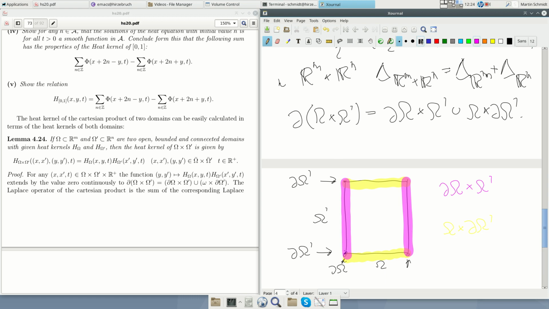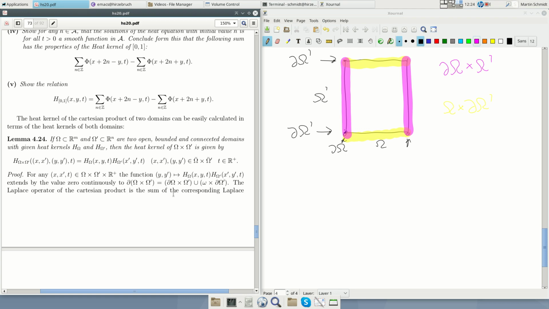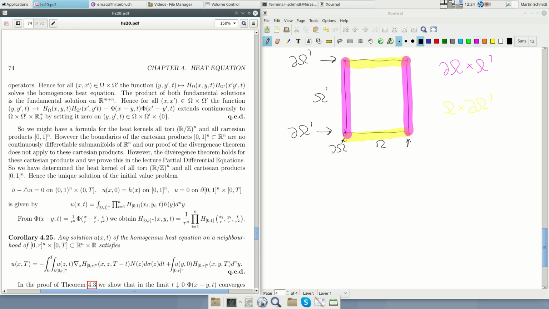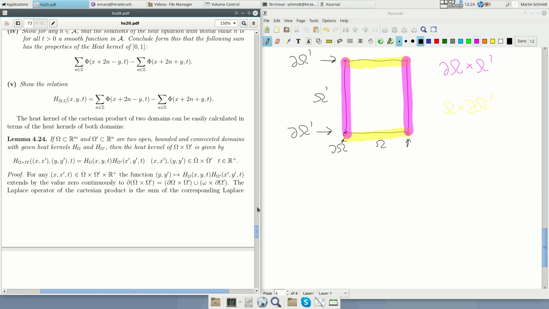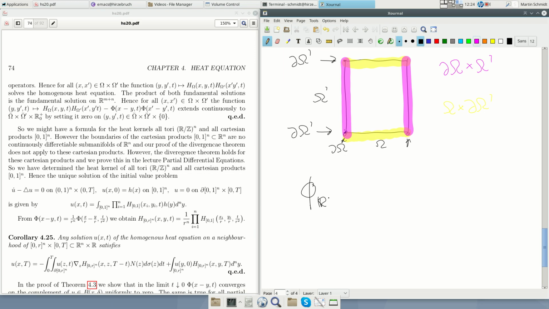And now this is the second ingredient, and the last ingredient is for the fundamental solution. For the fundamental solution we have just that the fundamental solution of Rm cross Rn of x and t is nothing else than the fundamental solution of Rm times the fundamental solution of Rn.